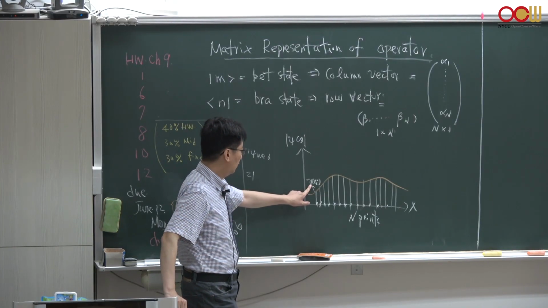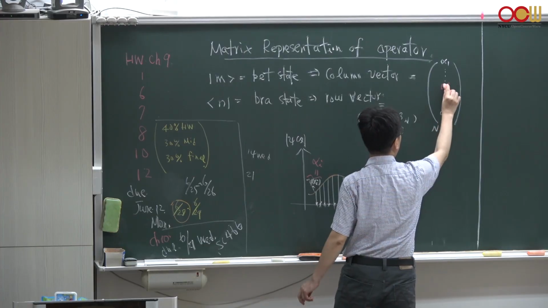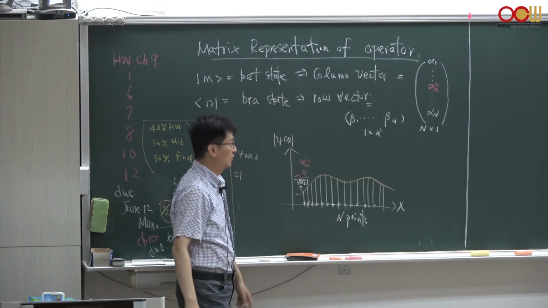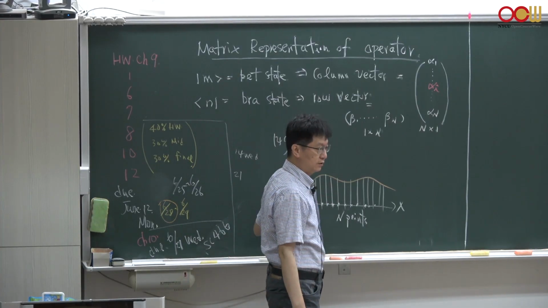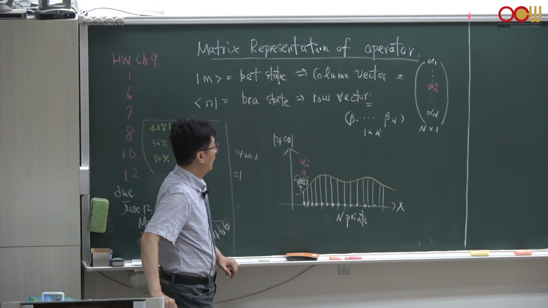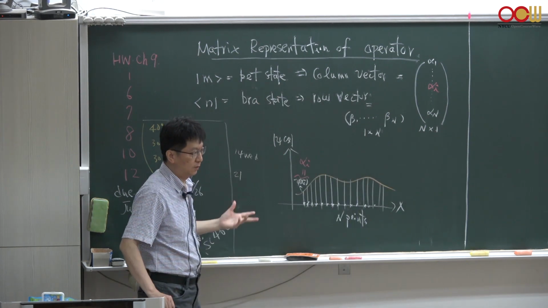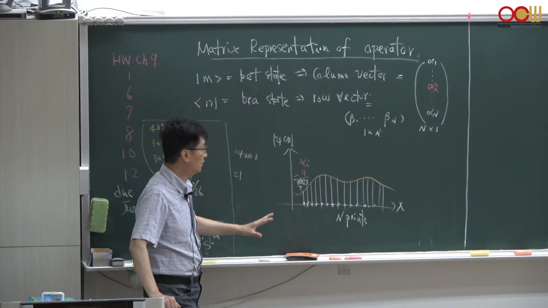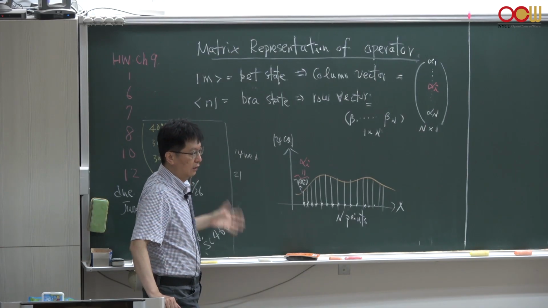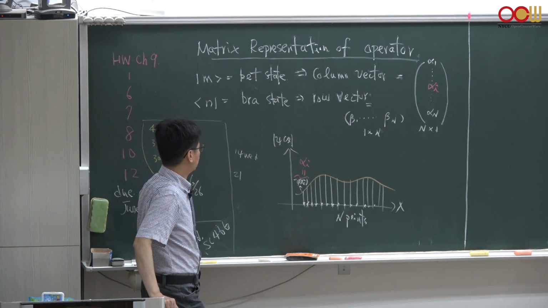And you call this the matrix element, say alpha i, and then you assemble or combine all these matrix elements that you meshed along the x-axis, and you call this a column matrix, which corresponds to the Dirac ket. I won't repeat that much, but just to remind you that this is the way that we link this vector analysis and quantum mechanics.